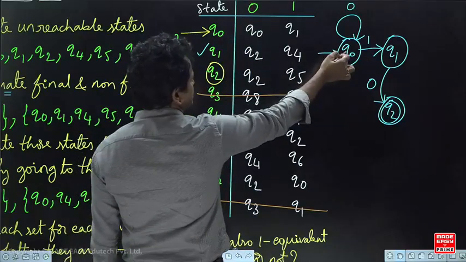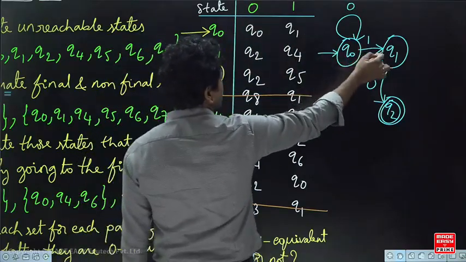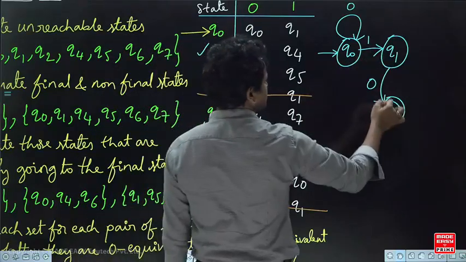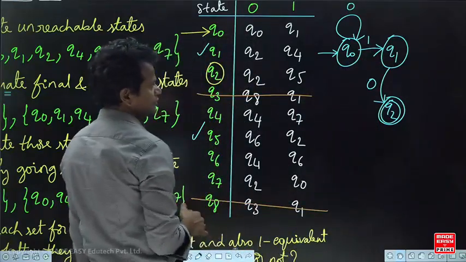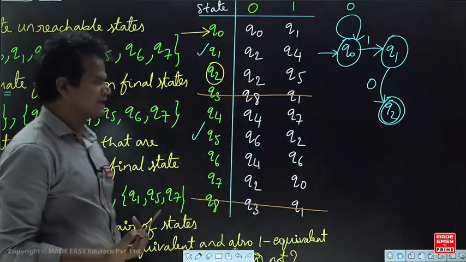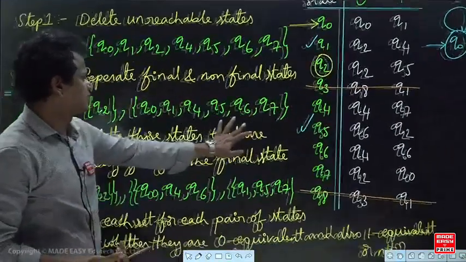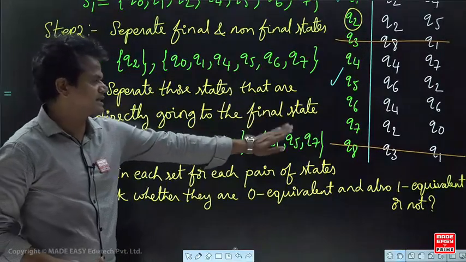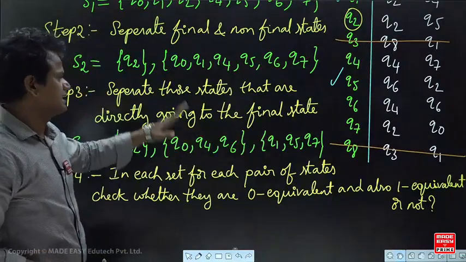Q0 on 0 goes to Q0. Q0 on 1 goes to Q1, but it is not directly going to final. Whereas Q1 on 0 directly goes to Q2. So Q1 goes to the final state directly. Those states that are directly going you write in one set, and those not directly going in another set.